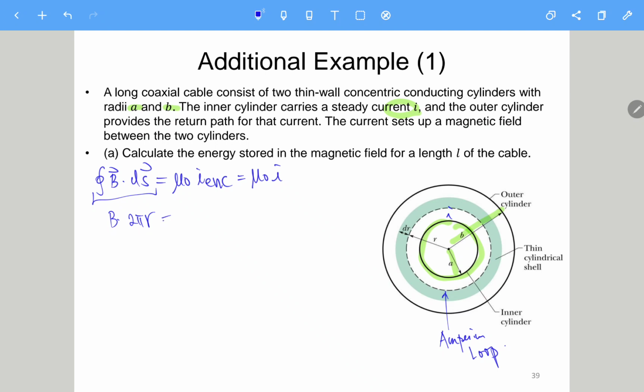This is equal to mu 0 I. So we will have B equals mu 0 I over 2 pi r. Actually, this is what we got before.